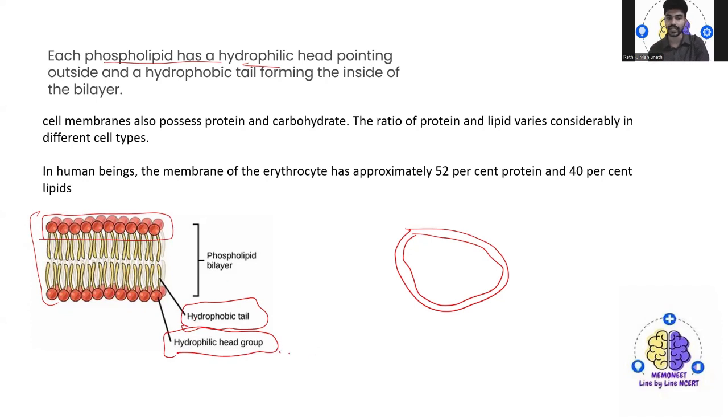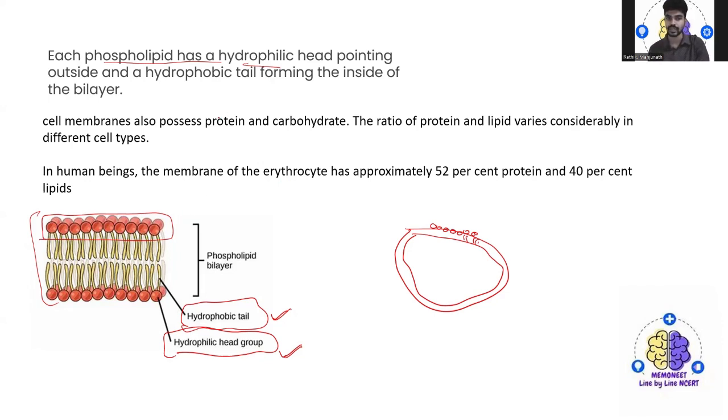This hydrophilic head region will point outwards towards the environment, outside, and the hydrophobic tail will be inside the bilayer. If this is the bilayer, the hydrophilic head region will be outside and the hydrophobic tail will be inside.